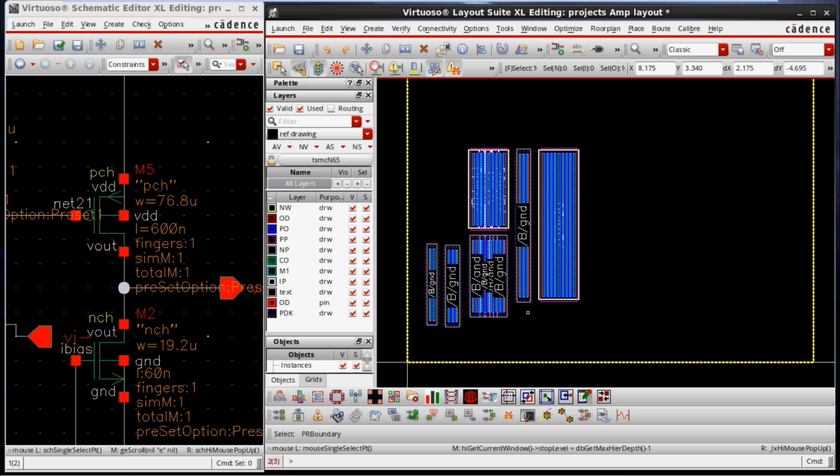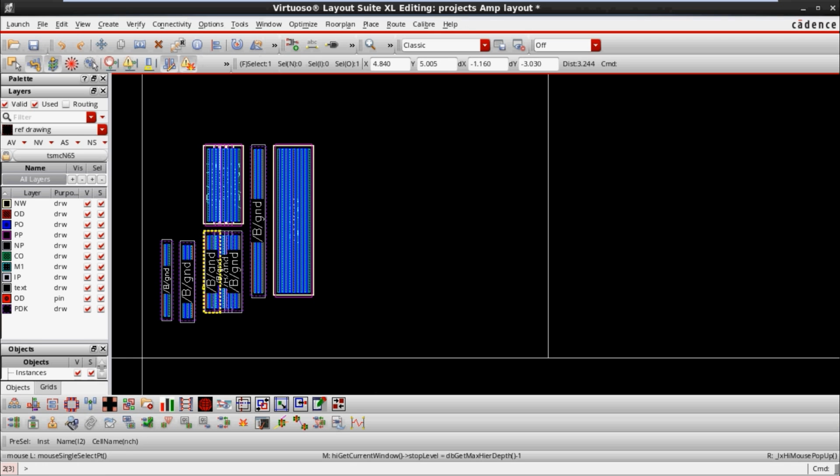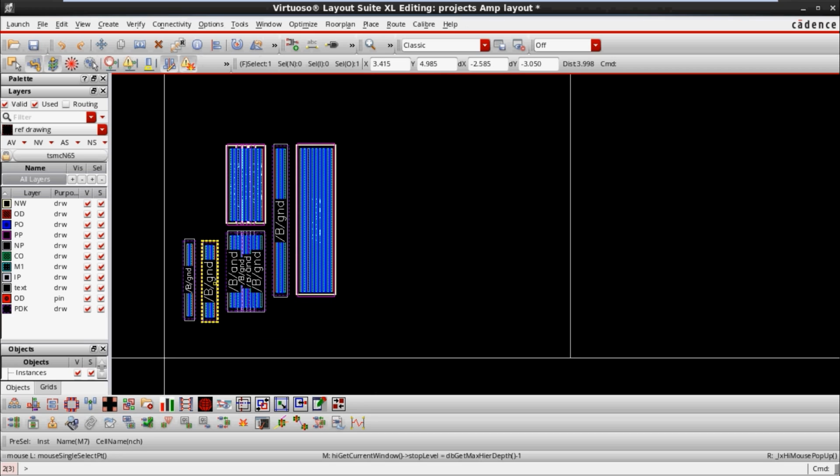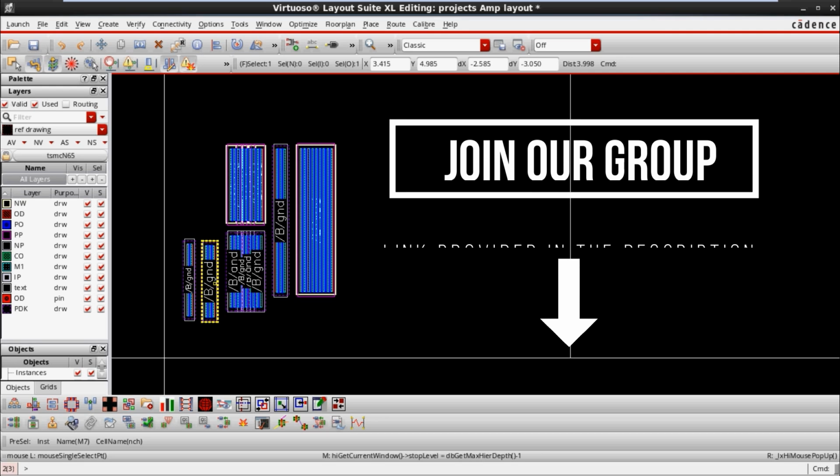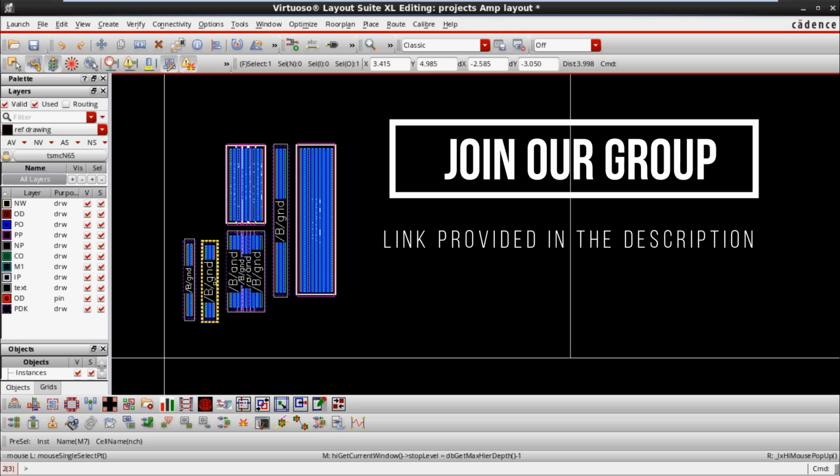But see, whenever you get a schematic from the schematic design engineer, they will do some simulations, and based on that simulation they have fixed some L and W values. So changing the finger or multiplier is not 100% advisable.